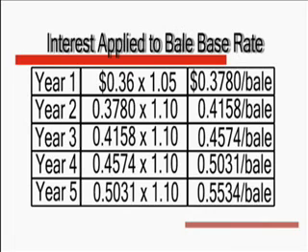Filling in the rest of the blanks in this example, we get a fourth-year bale fee of 0.5031 and a fifth-year fee of 0.5534. If not already paid off in earlier years, all remaining bales must be paid off at this fifth-year rate.